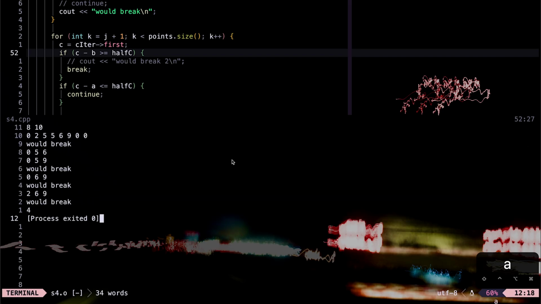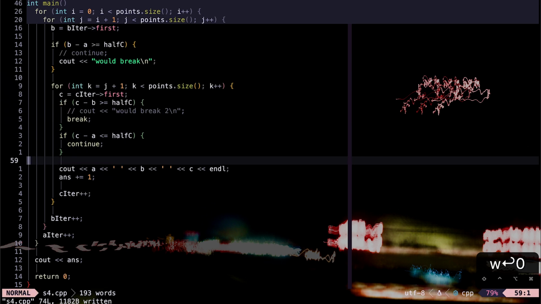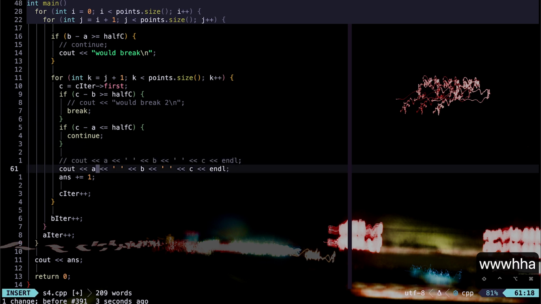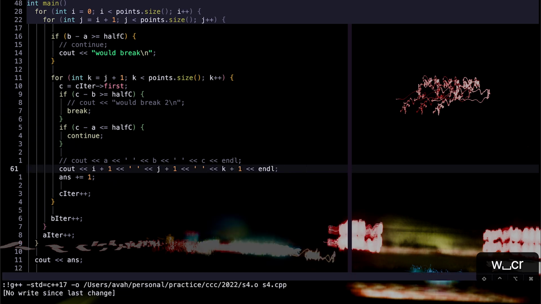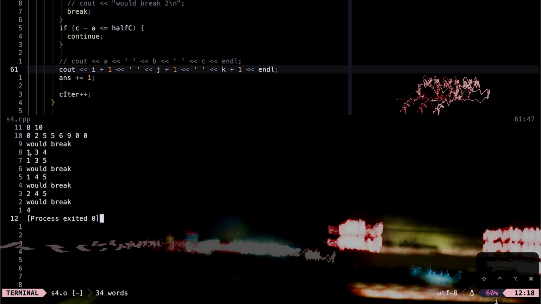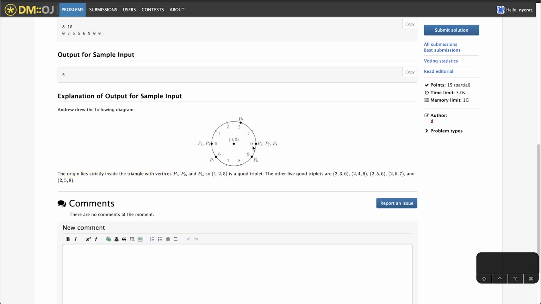And what are we missing? So we got 0, 5, 6, which to make it more readable, we can put I plus 1, J plus 1, so we can see the J plus 1. Okay, so we got 1, 2, 3. No 3.